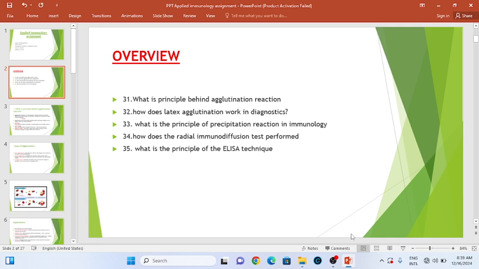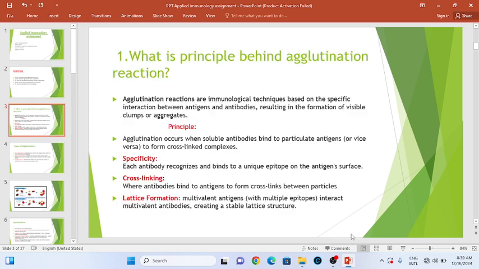The second one is asking about how latex agglutination works in diagnostics. The third one is asking about the principle of precipitation reaction in immunology. The fourth one is asking about how the radioimmunodiffusion test is performed. The fifth one is asking about the principle of the ELISA technique.